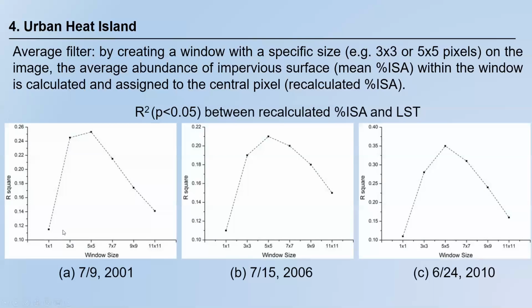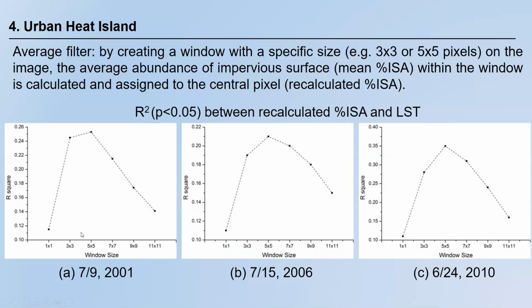For example, for the first image, originally the R square was only around 0.12, and after applying this average filter, it has been doubled. It's above 0.24. And this trend is the same for all three images.